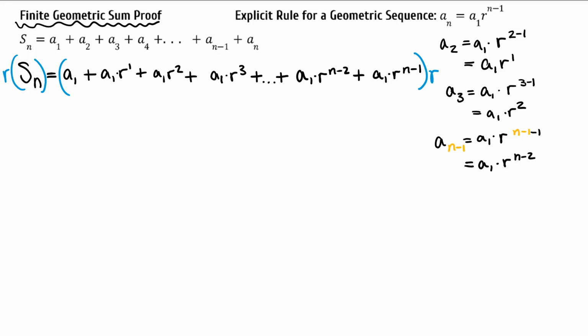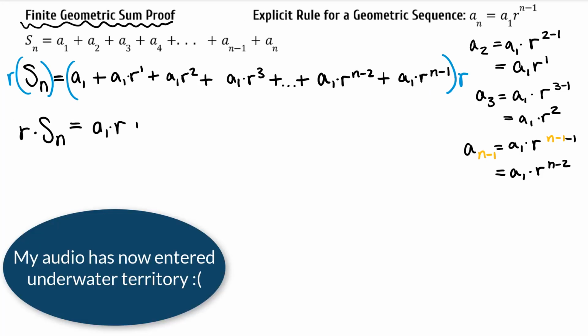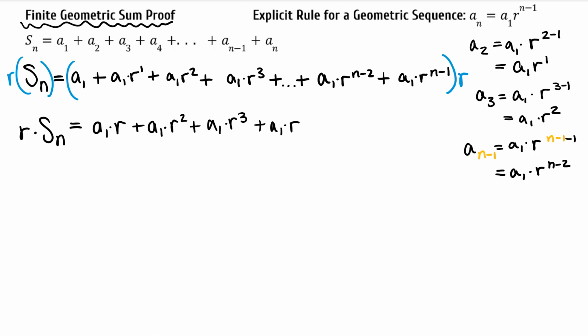You may not understand why, but go with me here. Because we're multiplying each term by r on the right side, each term will now have another r, which means just adding 1 to the exponent of r. So we have a new equivalent sum to our original S sub n. Now that we've multiplied S sub n by r, I want us to write down S sub n before we multiplied it by r.